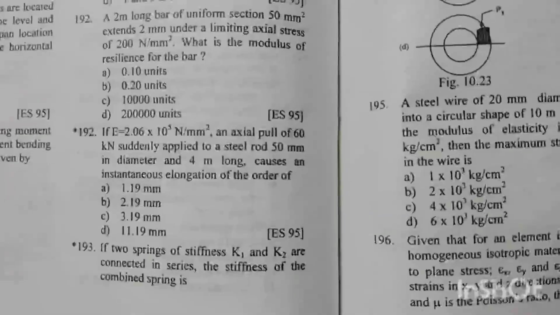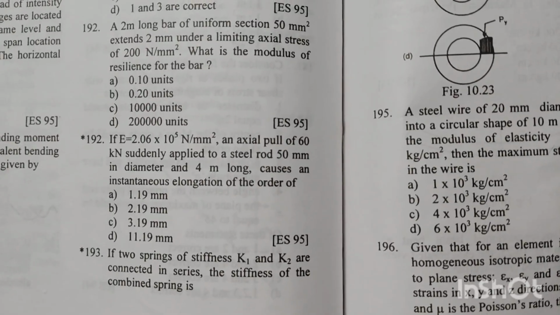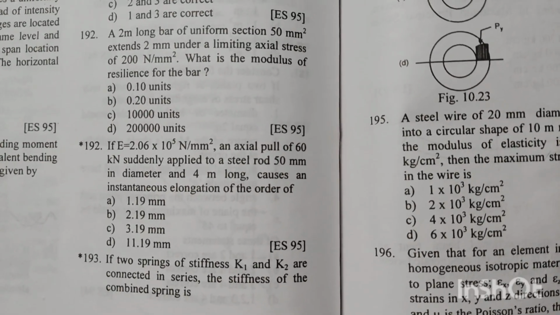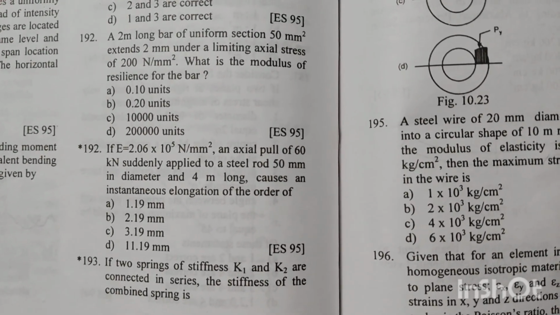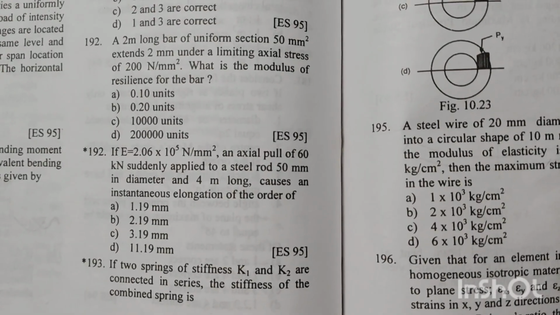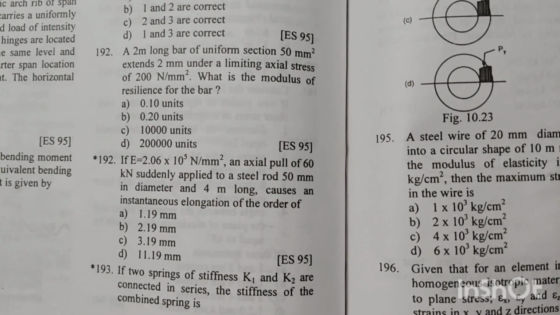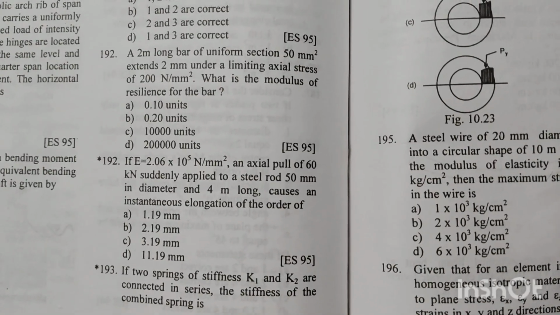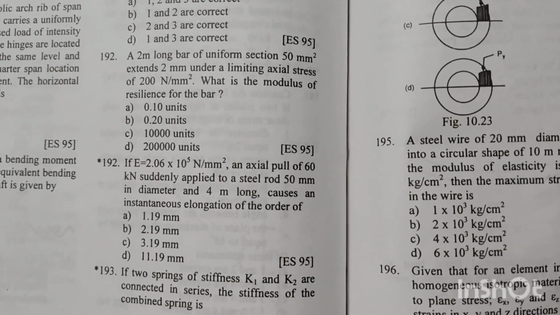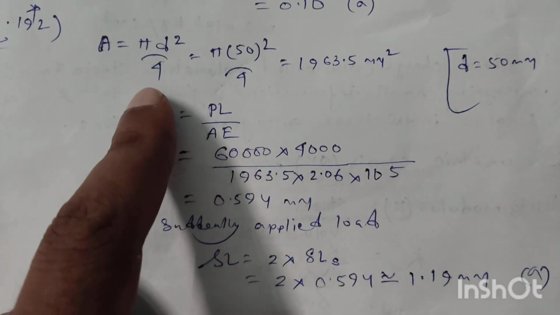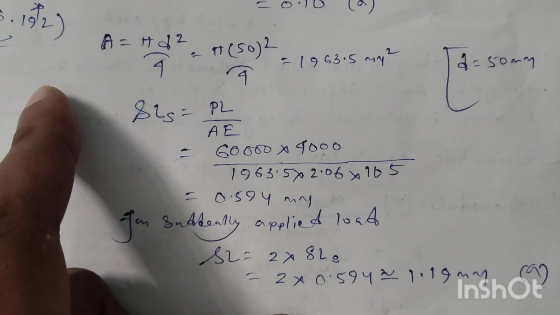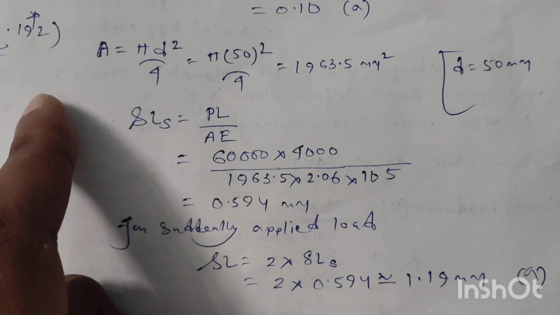Number 193. If E equal to 2.06 into 10 to the power 5 Newton per millimeter square, an axial pull of 60 kN is suddenly applied to a steel rod 50 mm in diameter and 4 meter long, causes an instantaneous elongation of the order of. Diameter of the steel rod is given D equal to 50 mm and length of the steel rod is equal to 4 m.